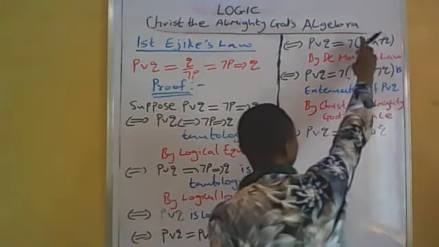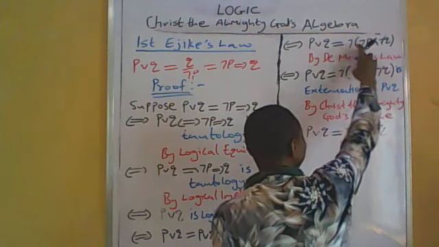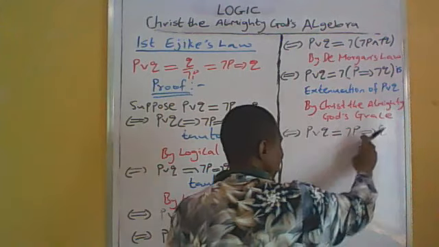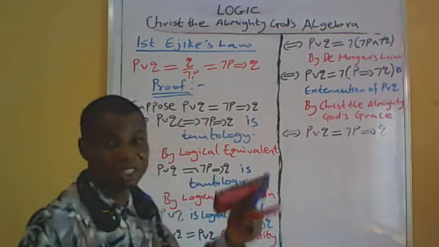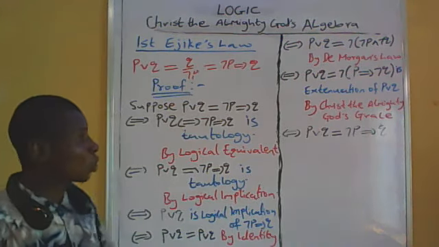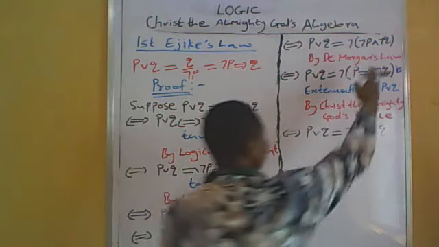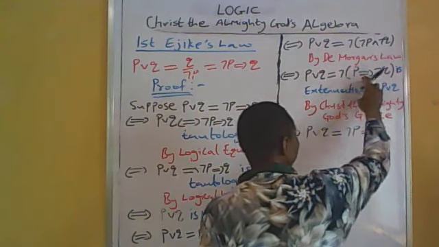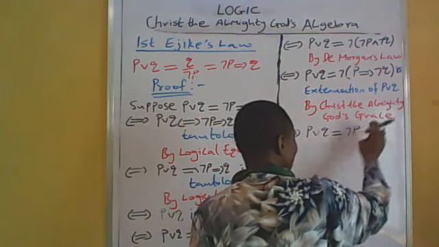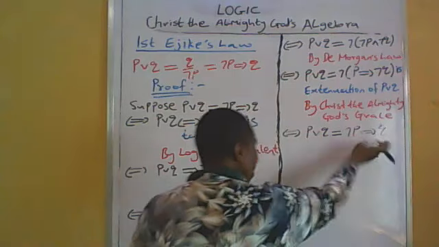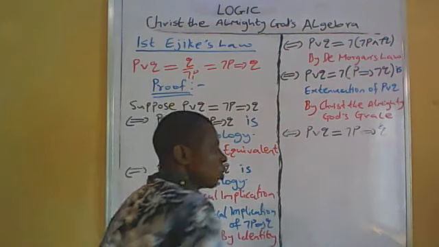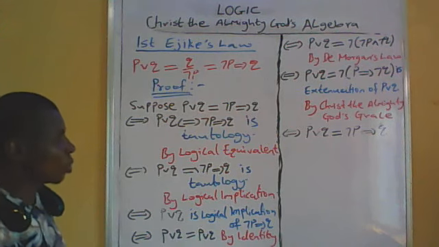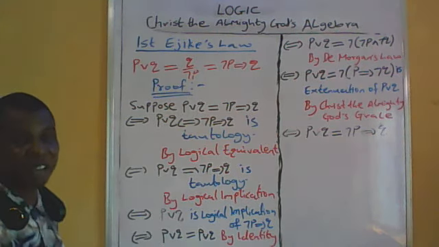That means this statement decreased, then increased again, it becomes not P implies Q. Here the syntax changes and the value changes, making it equal to P or Q. So it is now logically equivalent.